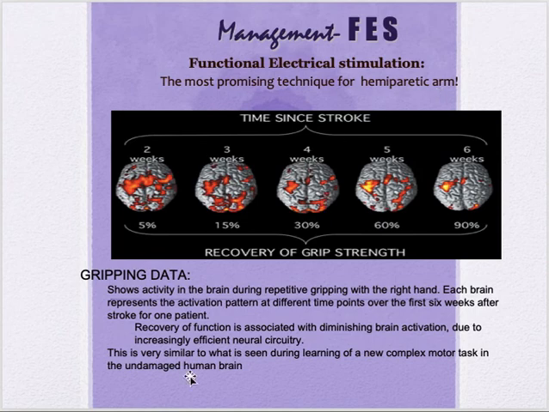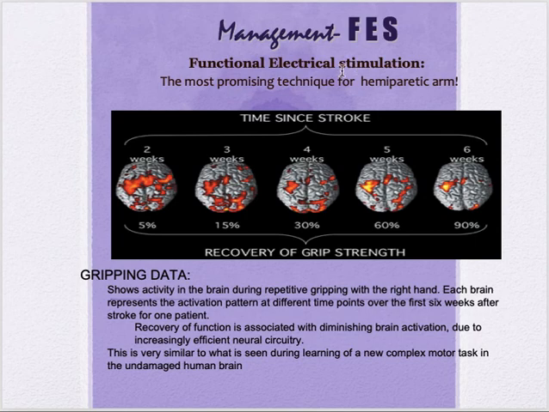Here is some data: times in stroke of 2, 3, 4, 5 and 6 weeks, and recovery of grip strength. Functional electrical stimulation improves the ability to move or use the affected limb in everyday life, and they do it by electrically stimulating.